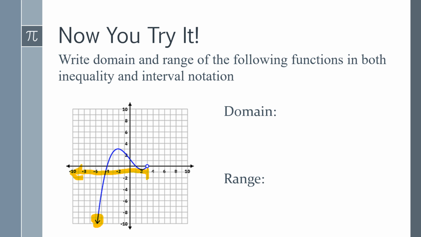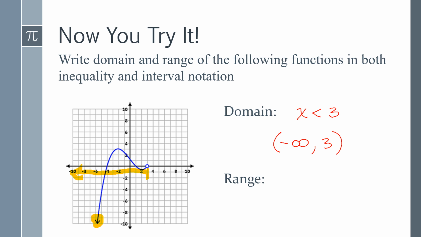Well, we would say in this case that x, it's got a circle here, a little hole there, so we're not including 3. It gets real close to 3, but it doesn't touch 3. So x less than 3. We would state our interval notation as -infinity to 3 parentheses.